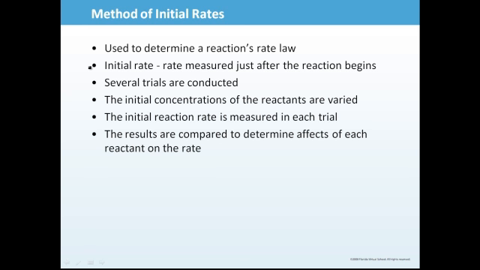We are going to do several trials because we're going to compare those different concentrations, and we're going to vary the concentration so that we get different results. Then we're going to compare each of them to determine the orders, the X and Y, and then we can finally plug it all into the formula to figure out the rate.